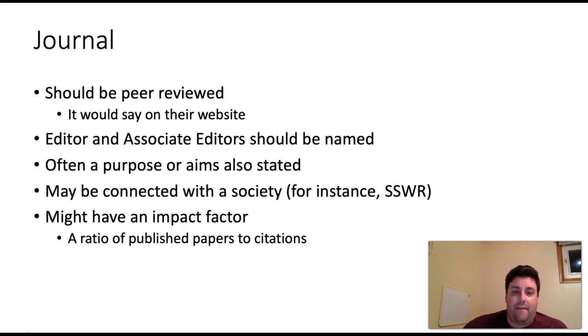The journal will have usually a purpose or aims or goals, that kind of thing. They'll call it different things. A lot of journals are connected with a society or a professional association.